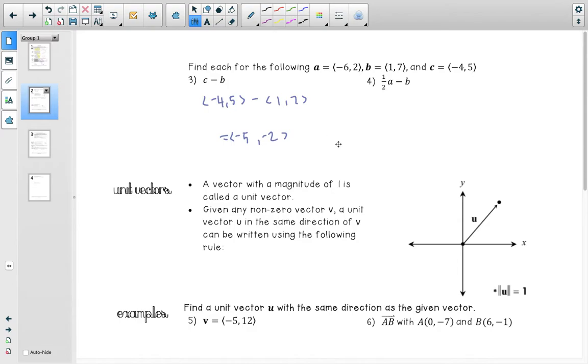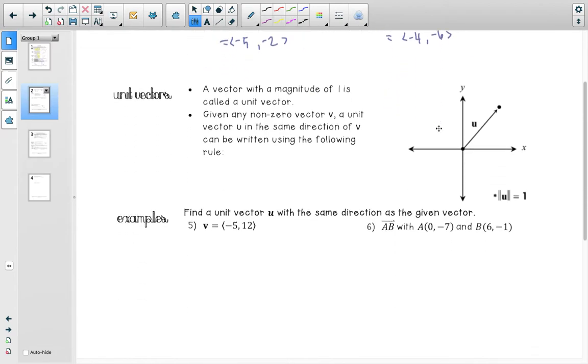And then if we do some combination of it, 1/2 a, I think we can figure that out right away. If you do 1/2 a, it's going to be negative 3, 1. And again, I'm just showing you the vectors we're subtracting, and then vector b. So if you do that, that results in negative 4 and negative 6.